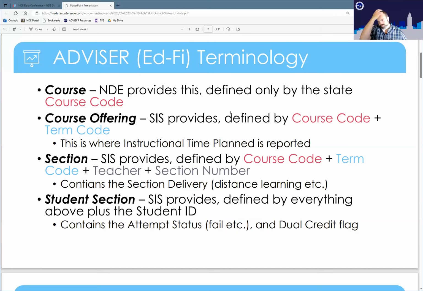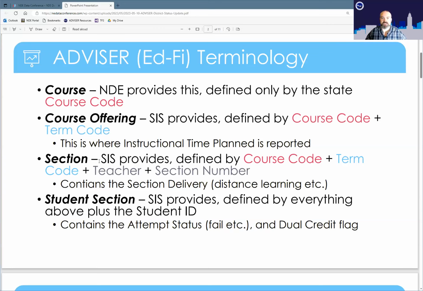This is also where you set up your local name for your course. If you have a course that is offered in both semesters, you'll have two entries in the course offering. And this comes up because this is where the instructional time plan, our new field this year, is reported.